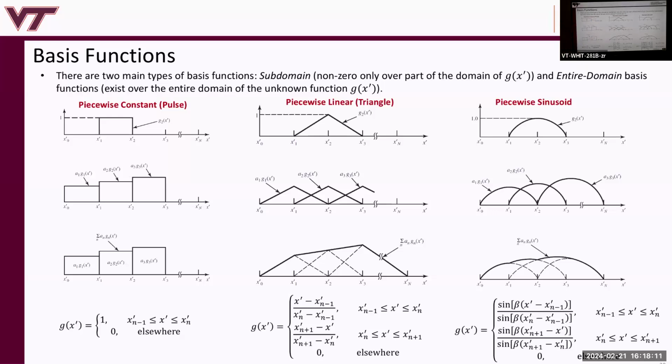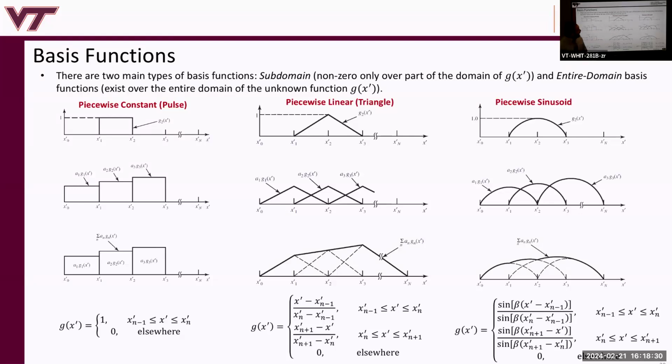If we have three basis functions, do we need three matching points? Yes, the number of matching points will be the same as the number of basis functions, because if you introduce n basis functions, then there are n unknowns, the coefficients of those basis functions. So you need n equations.